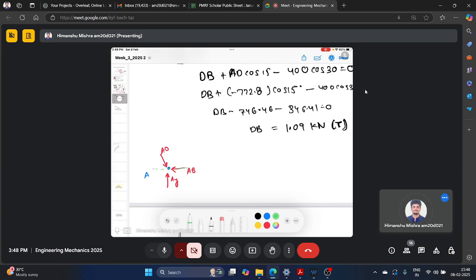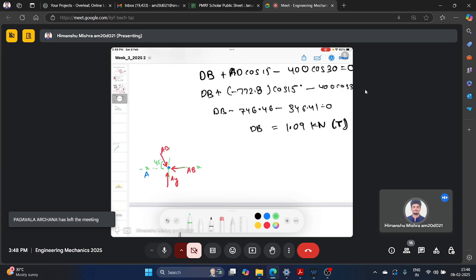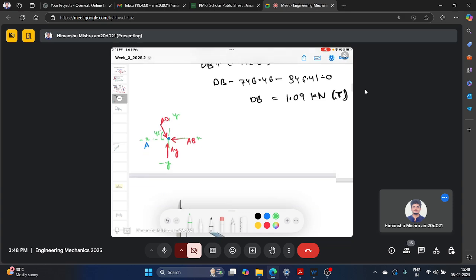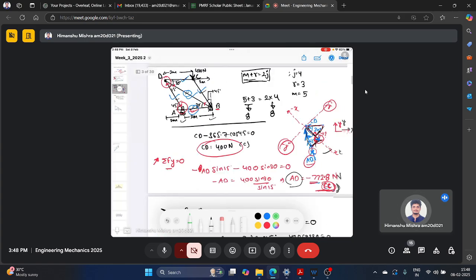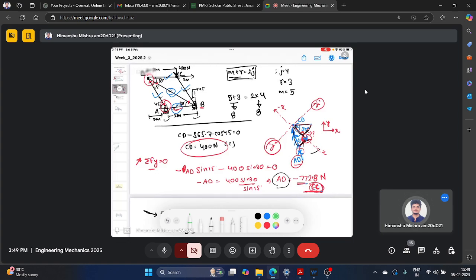And here we are making regular Cartesian coordinates: minus x, x, y, minus y. Right, because this is not a complicated distribution of force around the joint, so we can use the simple coordinate. Unlike the previous case, where we have a tilted coordinate along force DB.